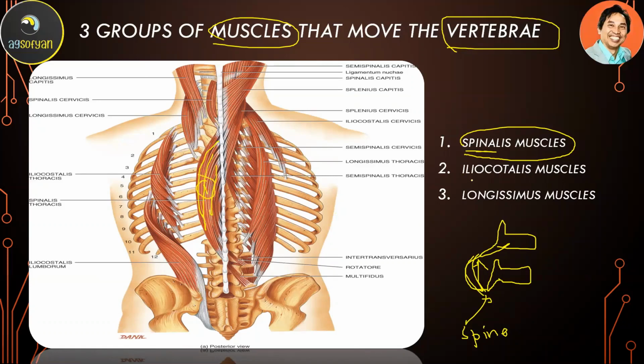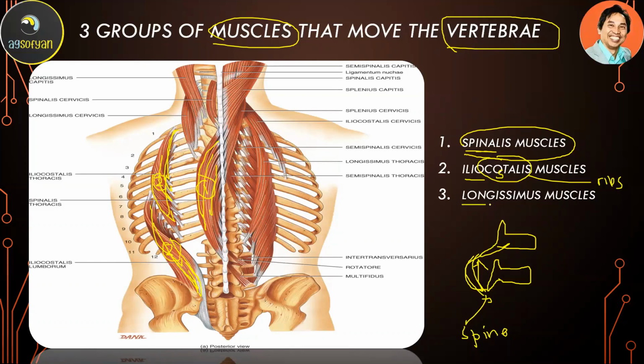So this one over here is the spinalis muscle. The second muscle is called the iliocostalis. I'm sorry, this should be an S over here. Costalis. Costa means ribs. So it's going to be located on the one that connects the ribs with another rib, maybe with the hip bone. So this is the iliocostalis, the number 2 group of muscles on the back.